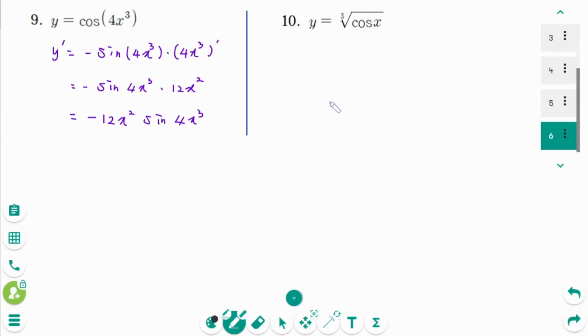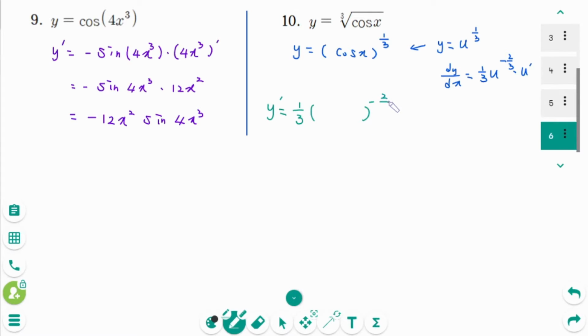Number 10, we can rewrite as y equals cosine x to the power of 1 over 3. Then think of it, y equals u to the power of 1 over 3. Then dy dx equals 1 over 3 u to the power of minus 2 over 3 times u prime. So y prime equals 1 over 3 times u to the power of minus 2 over 3 times u prime.